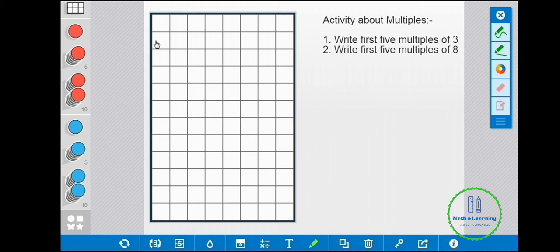Then we have done 3 2s are 6, so 6 is also a multiple. Then 3 3s are 9, then 12, then 15, and so on. These all are multiples of 3. But our question is write first 5 multiples. So first 5 multiples are 3, 6, 9, 12, and 15.